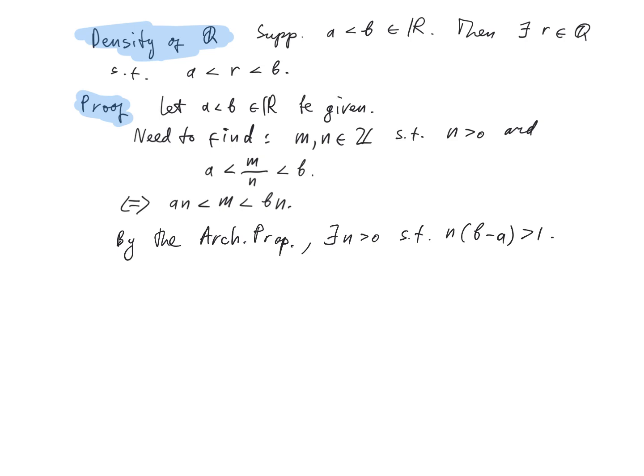This is given by the second item of the Archimedean property. Equivalently, we have that n times b minus n times a is greater than 1. But now, since the gap between the real number n times b and the real number n times a is greater than 1, the previous corollary tells us that there is some integer m strictly between them. And in view of the desired inequality, we are able to conclude.